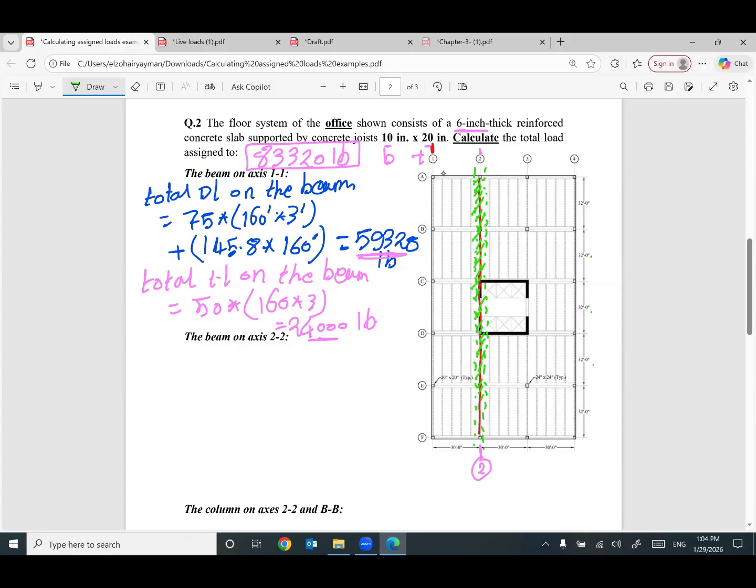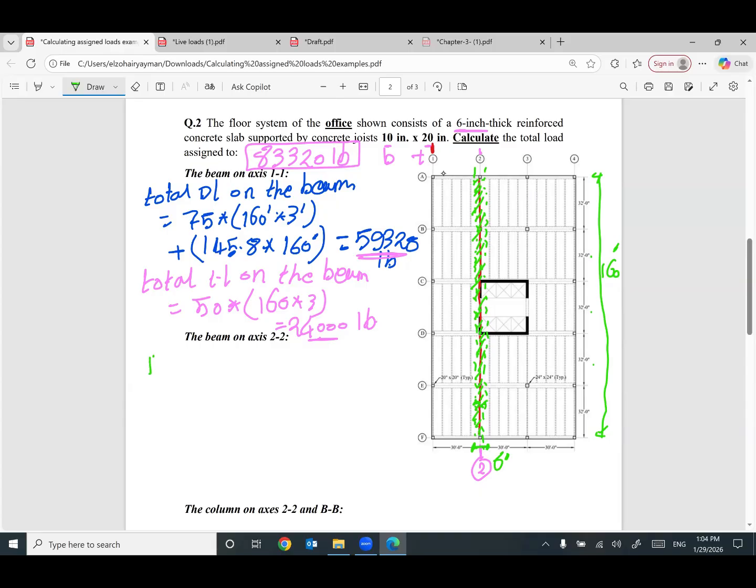The total length of your beam, as I mentioned before, is 160 feet. How much is this width? Is it still 3 feet or will it be 6 feet? This time it will be 6 feet, because we have 3 from this side and 3 from the other side. So the total width of this area will be 6 feet.